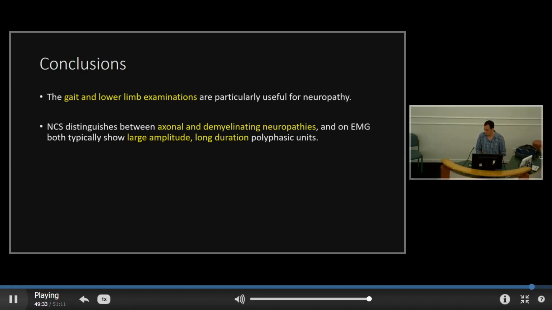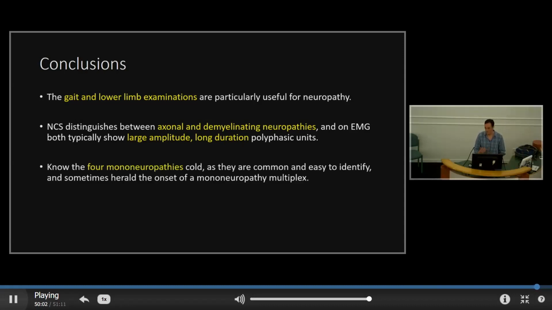And EMG is also very useful. The EMG will show large amplitude, long duration polyphasic units. So if you're asked in examination, if you think you have a generalized axonal neuropathy secondary to diabetes or something, and they ask you what's going to be shown on the nerve conduction study, just say, oh, I think it'll be an axonal pattern. That's it. And then on the EMG, well, they'll have large amplitude, long duration, polyphasic units. That's done. Okay, and I'll tell you what to say for myopathy in next week's talk.